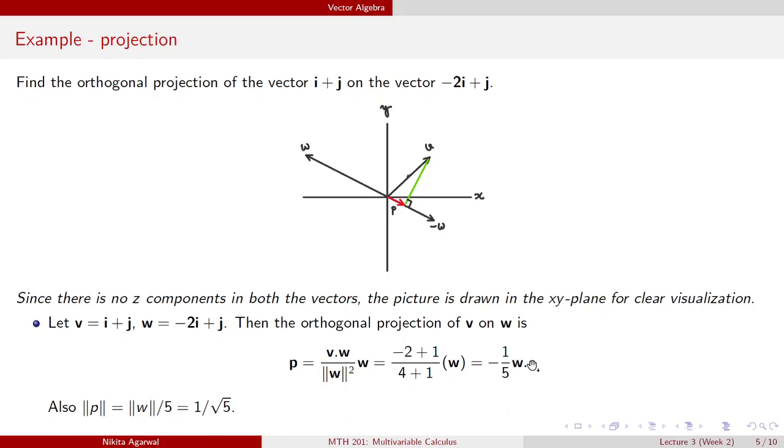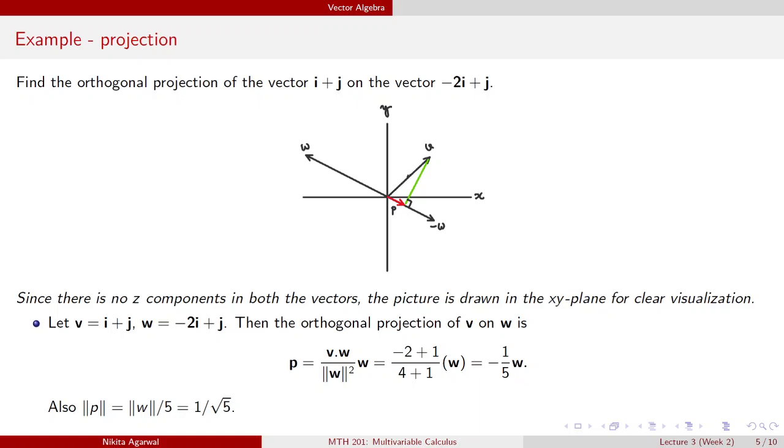Its length is the norm of P, which is norm of minus 1 by 5 W, which is norm of W divided by 5, which is equal to 1 by square root 5, because norm of W is square root 5. Okay. So this is one of the examples. You will see more examples in the tutorial.